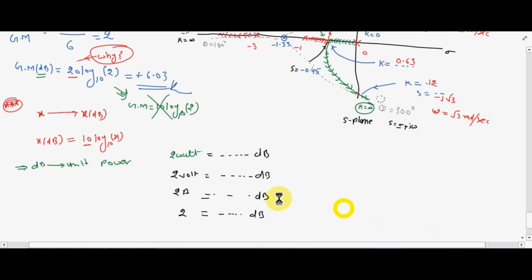We know the relation between power and amplitude, P is equal to V square by R or I square R. We say that P is directly proportional to V square, and P is directly proportional to I square.